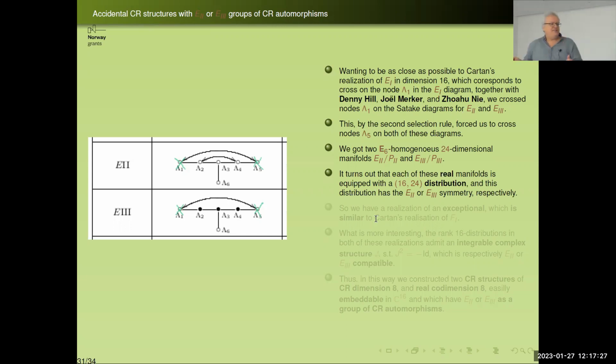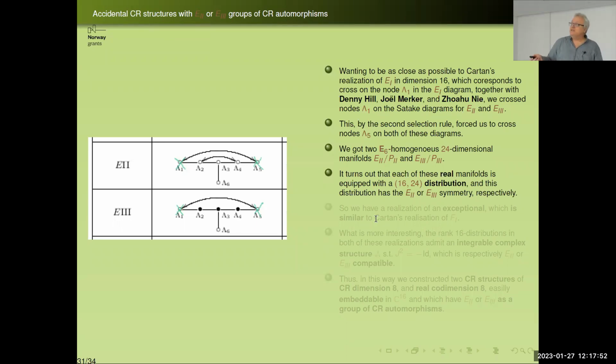And so this is really very similar to what Cartan did. Now we have a 16-24 distribution whose symmetry is E6 by my construction, because it's naturally there. So it is E6 homogeneous, actually E2 or E3 homogeneous. So this is really a realization similar to Cartan's realization of E6 in dimension of F4 and of G2.